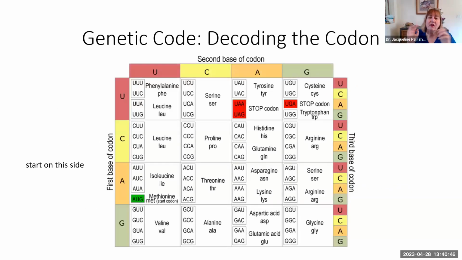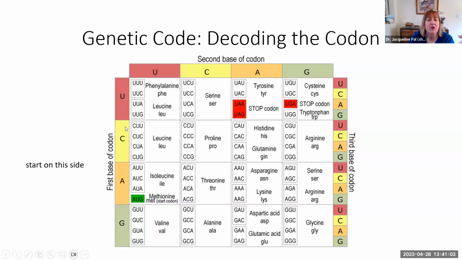So here is one way where you can look at the table with the codons to figure out what amino acid. You start on the left side where it says the first base of the codon. So just pick one like CAG.